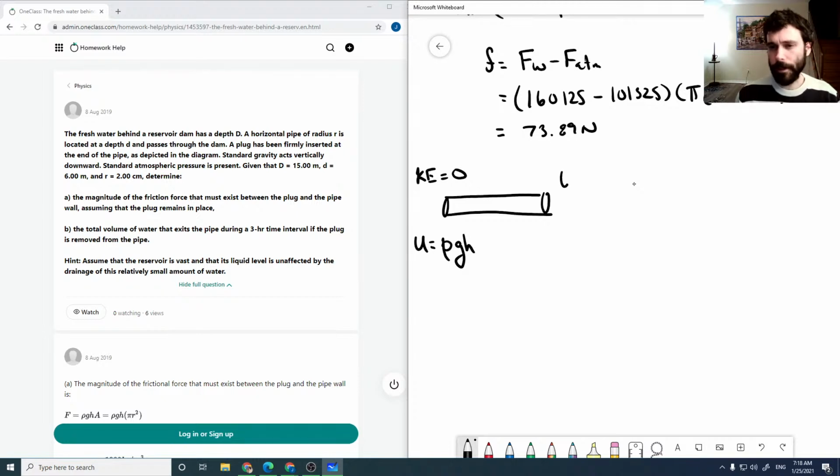And over here, we're going to call the potential energy 0, and then we need the kinetic energy on this side.